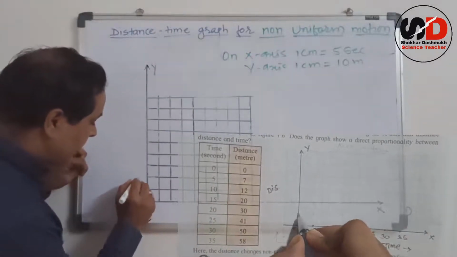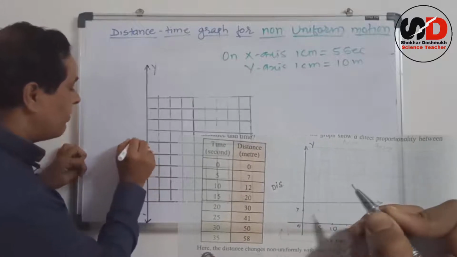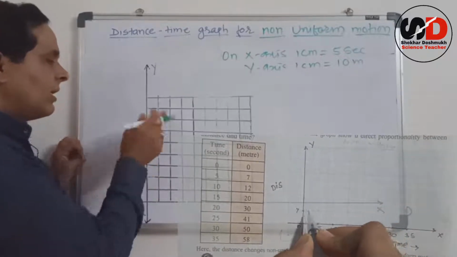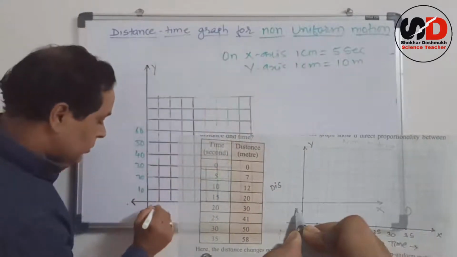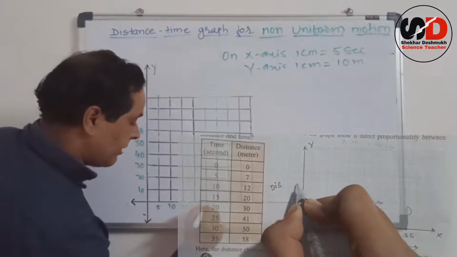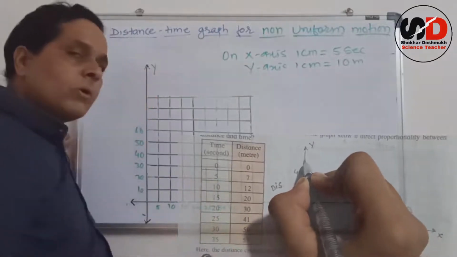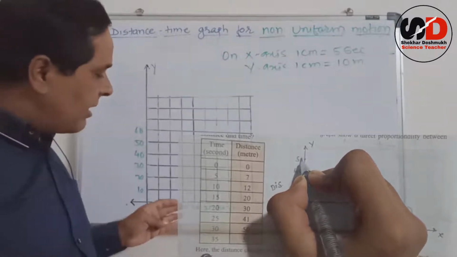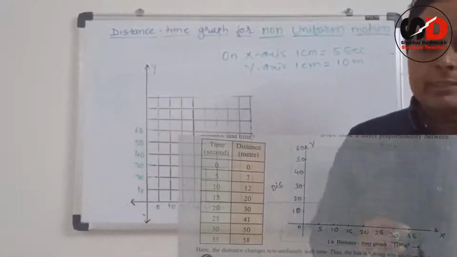So it is 10, 20, 30, 40, 50, 60. And on the x-axis, 5 seconds. So it is 5, 10, 15, 20, 25, 30, 35 as it is. And again draw the points. Take the points.